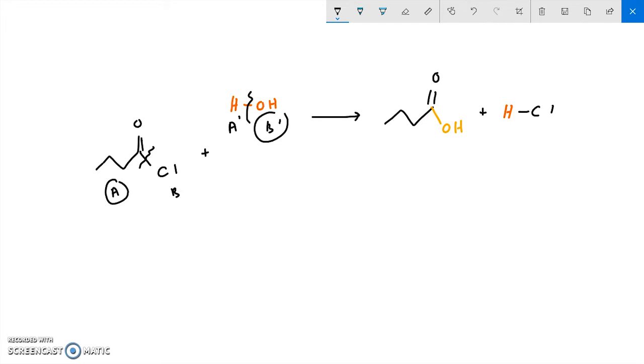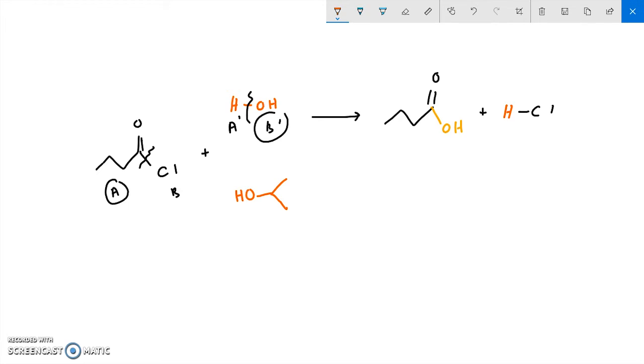In another example, we can also react it with alcohol. For instance, let's take a look at isopropyl alcohol. Isopropyl alcohol is a 3-carbon chain attached to the OH group. As you can see here, there's hydrogen on the oxygen and hydrogen on the carbon chain.